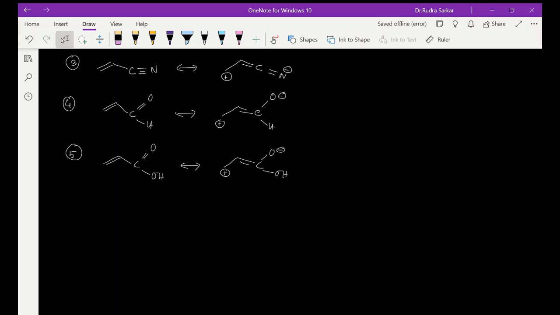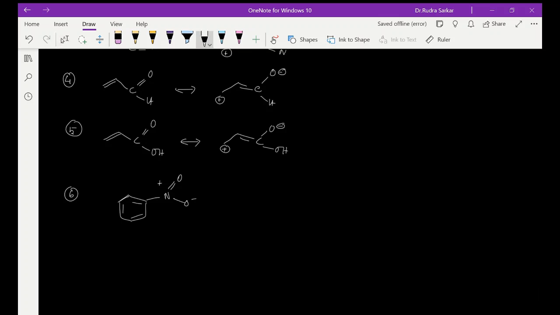Now you can also extend the idea to groups when they are attached to the benzene ring.